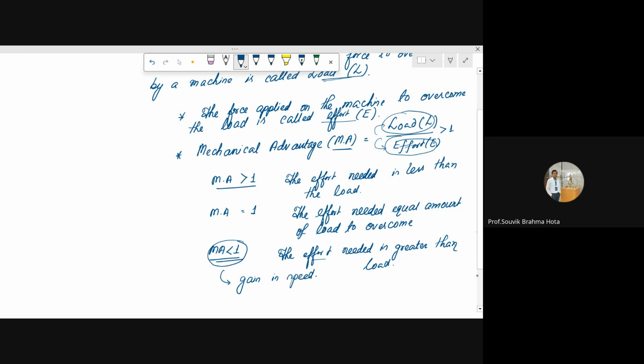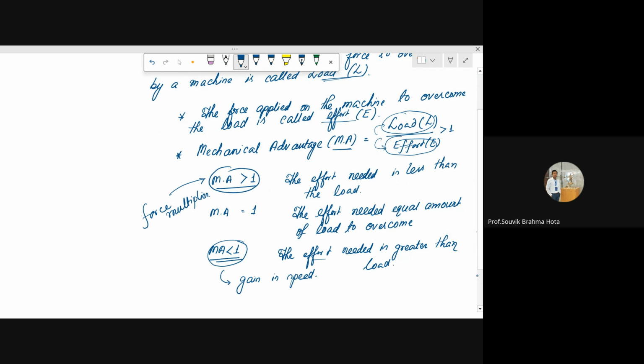Whereas mechanical advantage greater than 1 will give you gain in force, that means force multiplier. Suppose you need to overcome a 200 Newton load. Only you are giving 20 Newton effort. So 10 times you are basically getting the result. That is why mechanical advantage greater than 1 is known as force multiplier. But mechanical advantage less than 1 is basically gain in speed.